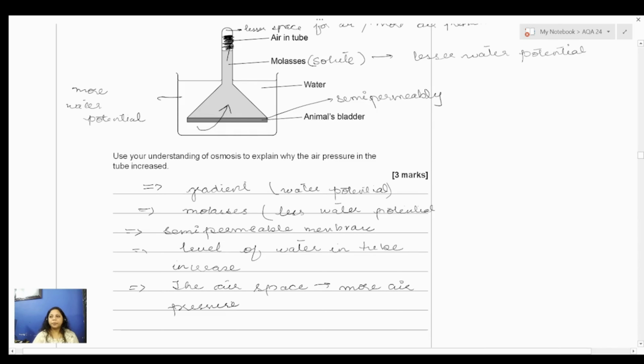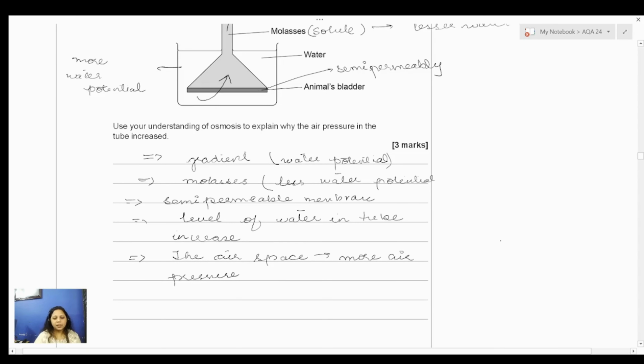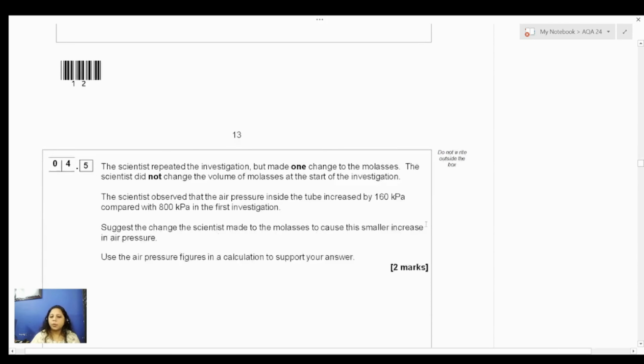Have you got the answer? Or we can also mention, where I have written airspace, there is lesser airspace. Here we can say there is lesser volume, if we want to use a scientific word. Mention the word volume, it will increase your marks.